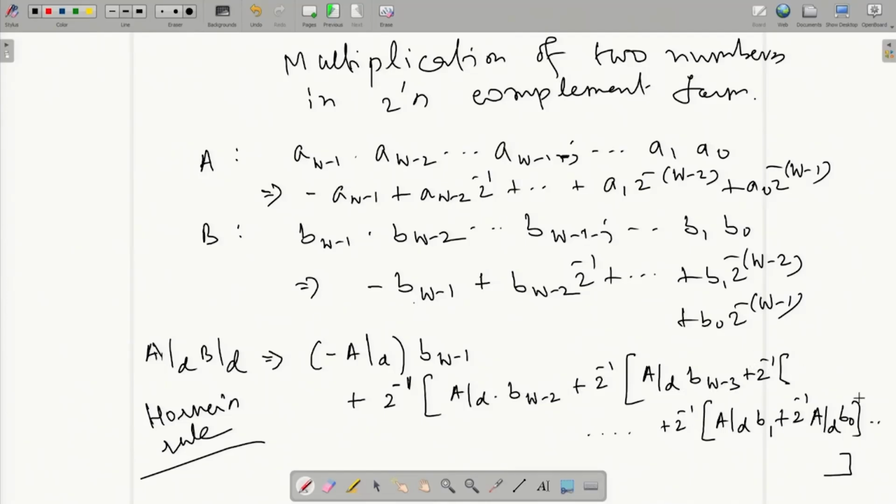Now, to show how this can be used to build up a digital multiplier, we will take an example of 4-bit numbers, that is, W we will take to be 4 as an example. So, it will be A3, A2, A1, A0, B3, B2, B1, B0.